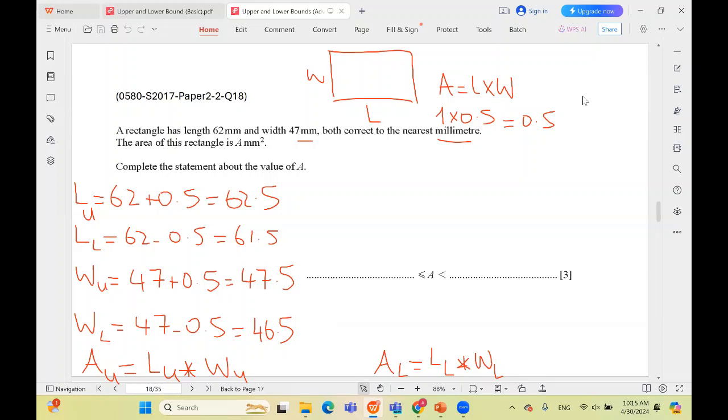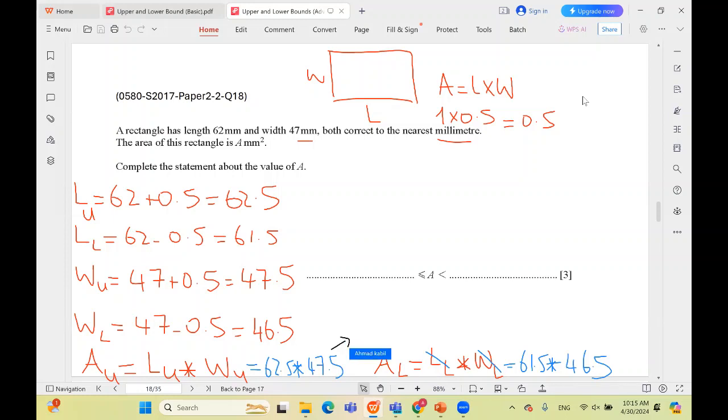So L upper is 62.5 multiplied by W upper, which is 47.5. And area lower is L lower, which is 61.5 multiplied by W lower, which is 46.5. We can now use the calculator to evaluate these two expressions.